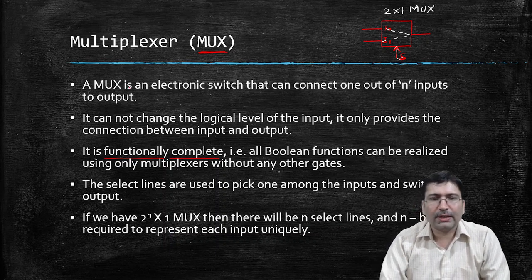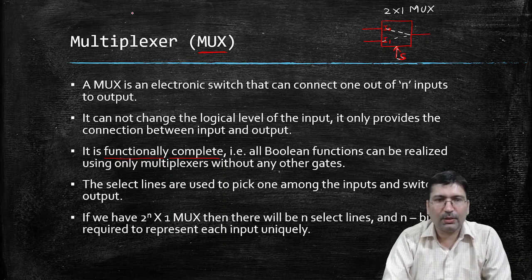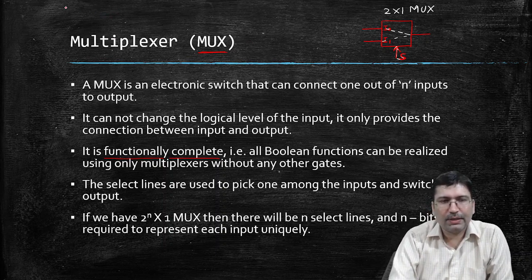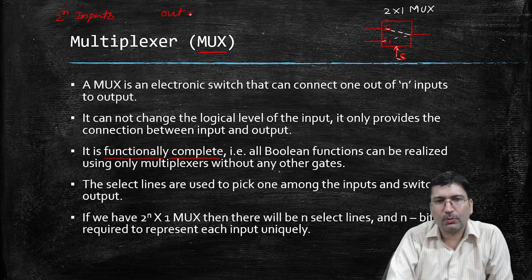How will we find the number of select lines? If there are 2 to the power n inputs, the output will always be 1 in case of a mux.